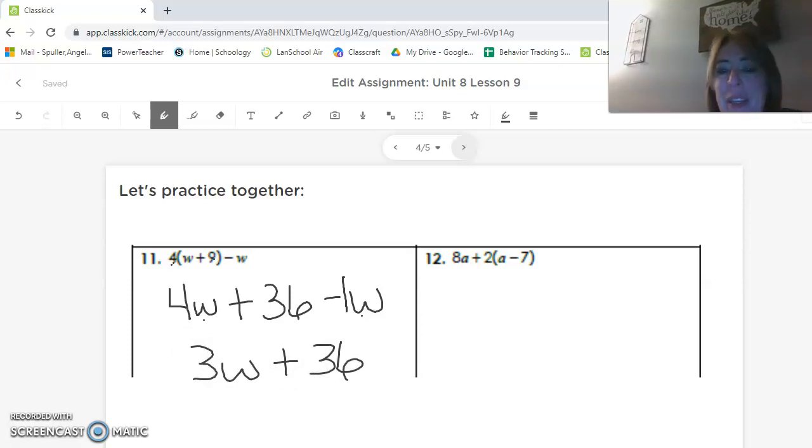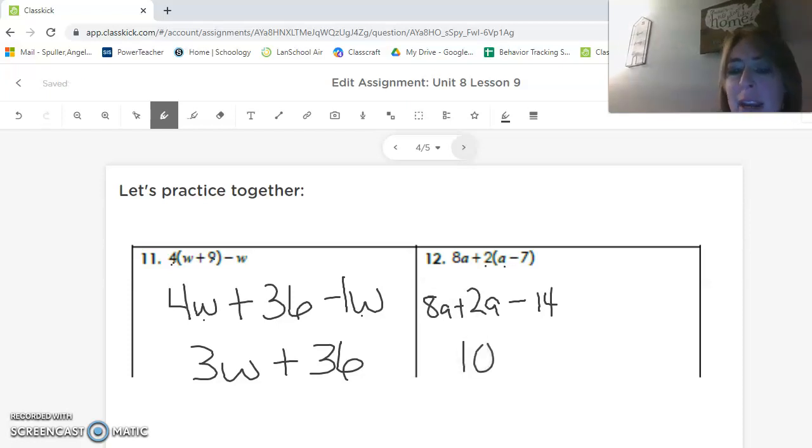Great job. Here we go. 2 times 1a is 2a, minus 2 times 7 is 14. Let's bring the 8a and the plus down. So we have 8a plus 2a is 10a minus 14.